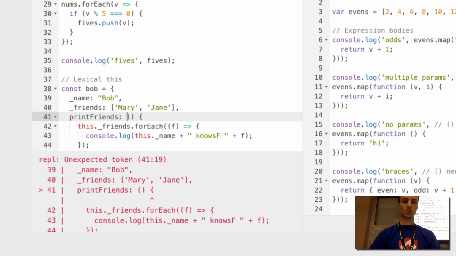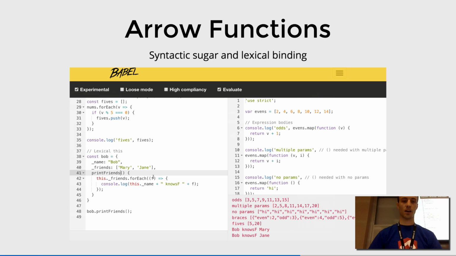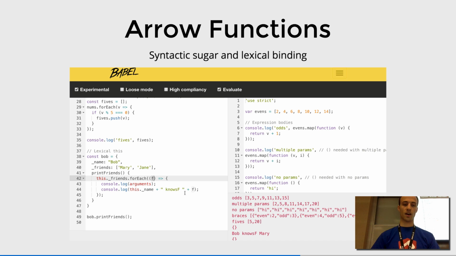So I'll go ahead and ask for questions, and then we'll move on to the next thing. Any questions? Arrow functions are cool. Well, actually, I should mention also, it's not only this that is lexically bound, but also arguments. Inside of here, if I say console.log arguments, you would expect in a normal function that you'd log what was passed in, like Mary and Jane.